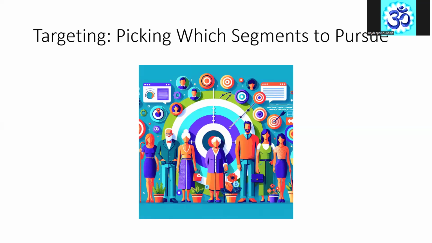Once your segment is decided, that you segmented each person in this image on the basis of their age, and you decided that my product is well suited for the old couple in this picture, then comes the targeting part, in which you are picking the segment that you want to pursue, or you want to market your product to. Okay, so that is called targeting.